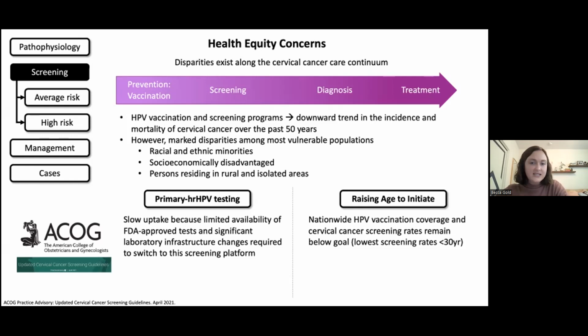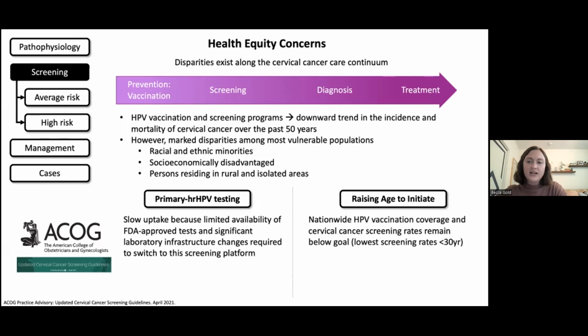There also still seems to be a very large geographic variance in vaccine coverage, and it tends to be lowest among non-metropolitan areas and women without health insurance. You can tell I thought these state statistics were really interesting, but in 2018, it was found that in the age group of 13 to 17-year-olds, HPV vaccination rates were only 38% in Kansas and Mississippi, but were more than 70% in Washington, D.C. and Rhode Island.